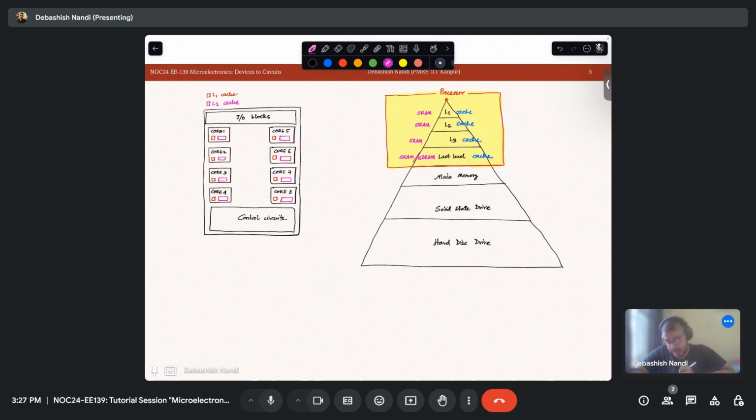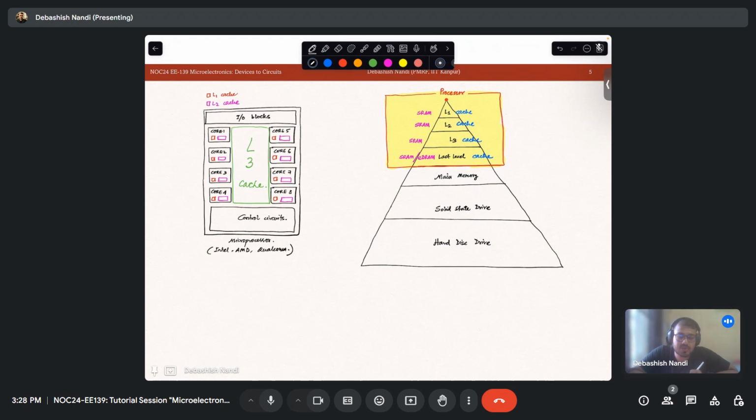Okay. And then your L3 cache is generally shared between all the cores. This is your L3 cache. Okay. And this entire stuff is your microprocessor. Manufacturers are your Intel, AMD, Qualcomm, etc. Okay.